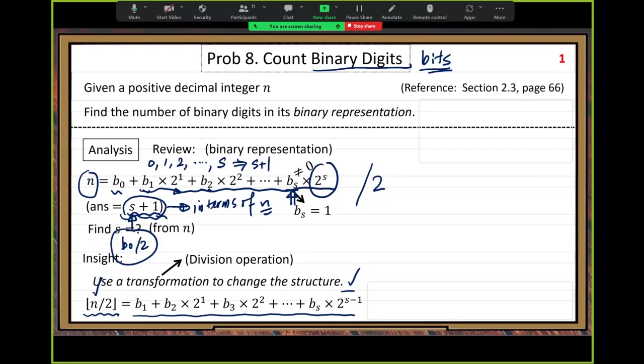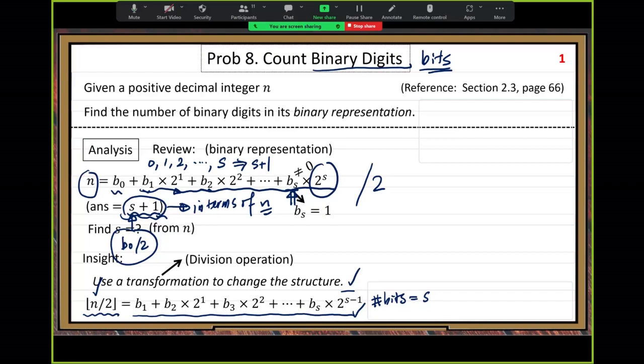This right hand side is its binary representation. And you can count the number of bits. The number of bits on the right hand side equals s, right? Look at the subscripts, 1, 2, 3, consecutive integers from 1 through s. That's s.